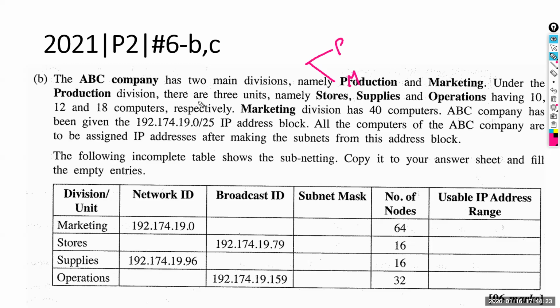Under the production division, there are three units called stores, supplies, and operations. So that means first we need two subnetworks, and then we need to further divide one subnetwork into three subnetworks. I told you we can go into any levels of subnetworks as long as we have enough IP addresses in that range. So this is your past paper, right?